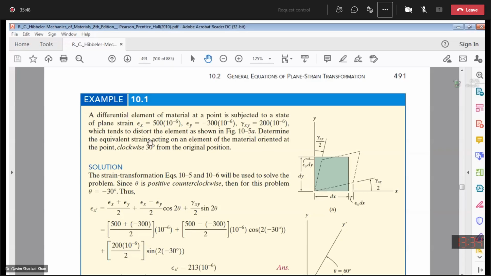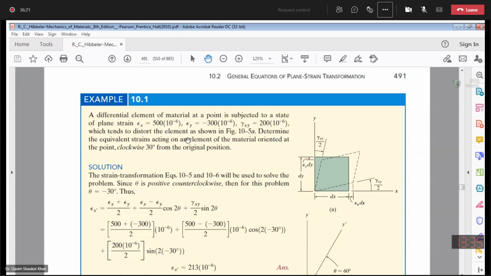You are required to determine the equivalent strains acting on an element of the material oriented clockwise 30 degrees from the original position. So you need to calculate the transformed normal strains epsilon x dash and epsilon y dash, and gamma x dash y dash.